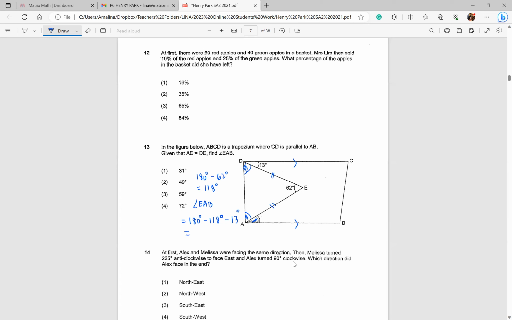Okay, so 180 minus my 118 minus my 13 degrees, I get 49 degrees. So it's option number 2. Okay.